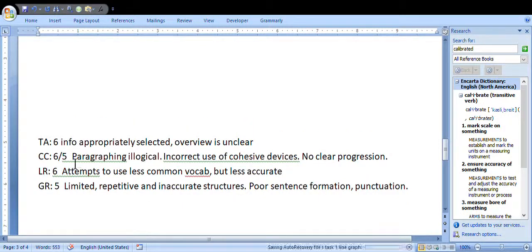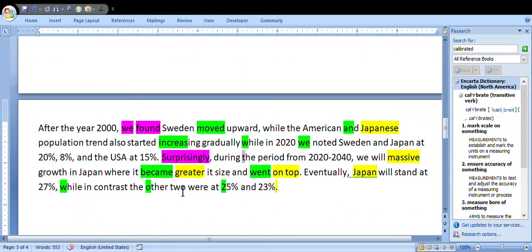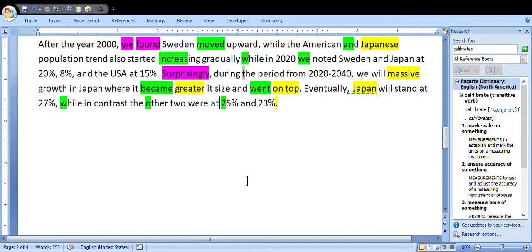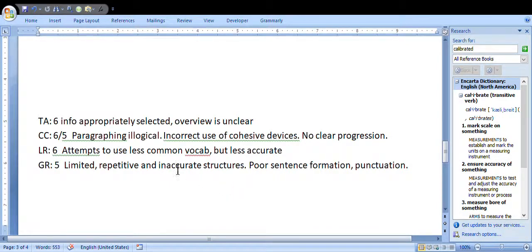Coherence, I was almost going to give you a 5. I'm not sure. But the paragraphing does not make any sense. What are you talking about here that's different from here? I don't know. Okay, again, lexical resource, less common vocabulary, but less accurate as well. And then the sentence structures. I mentioned the punctuation and the long run-on sentences.